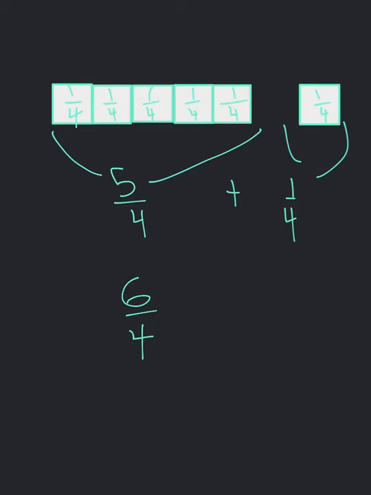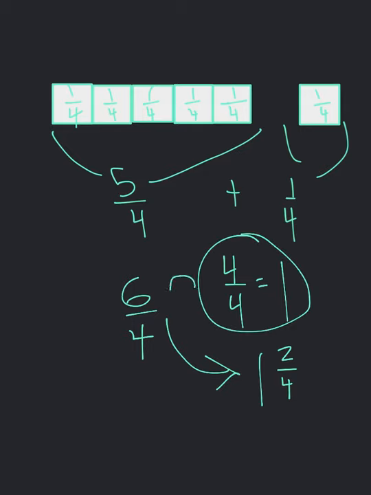Now, something that you can keep in mind is that, well, we know from the work with number lines that we've been doing that 4/4 would be the same as 1. So another way that you could write 6/4 would be as 1 and then an extra 2/4 left over, right? Because you could take out that 4/4 from there and turn it into 1, and then you would have 2/4 pieces left over.